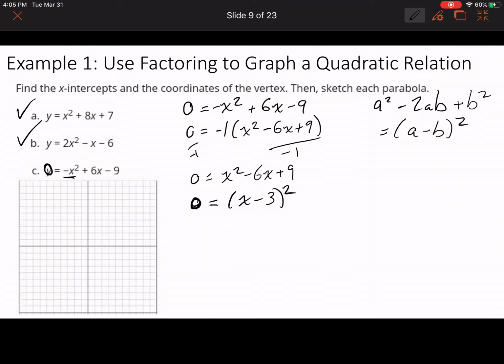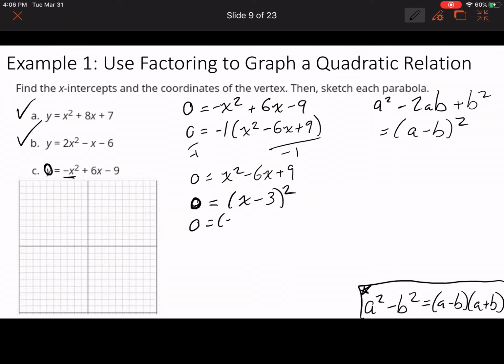The rule you really need to remember that you can't really do any other way is the difference of squares. That one you do need to recognize because there is no other way to really figure it out in most cases. All right, so we've got our x's, but they're both the same. So it's the same as saying x minus 3, x minus 3.